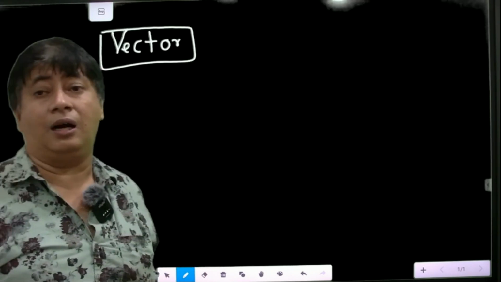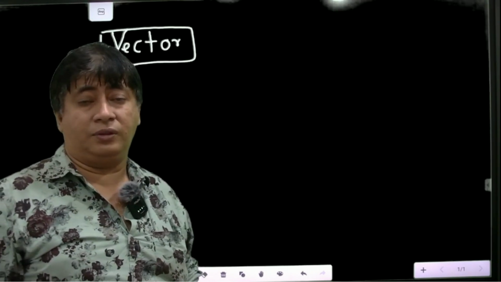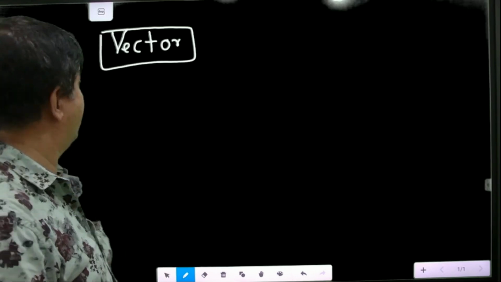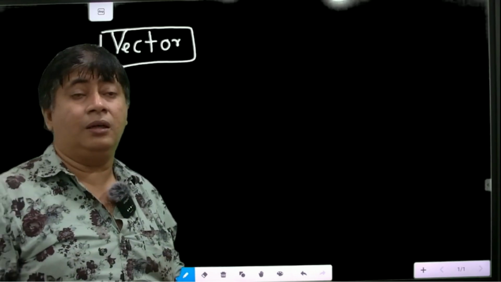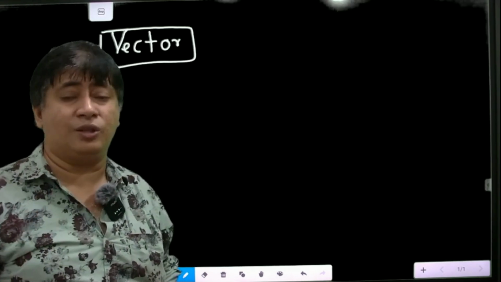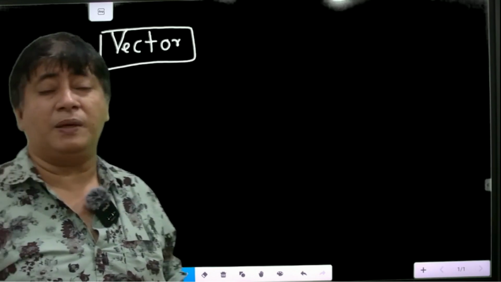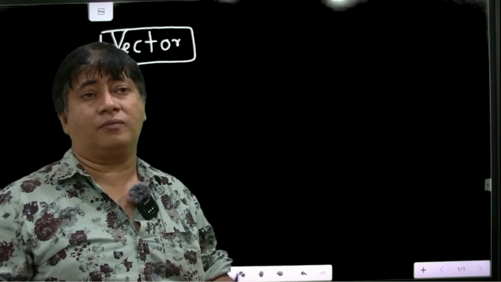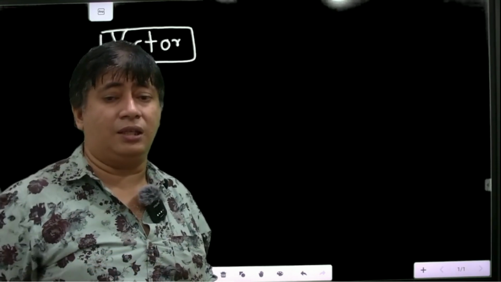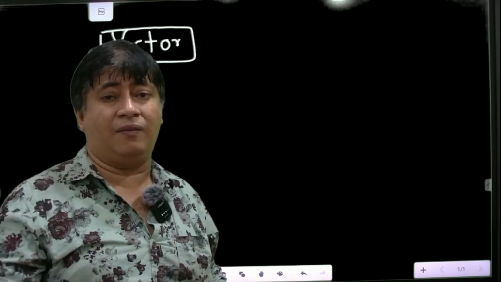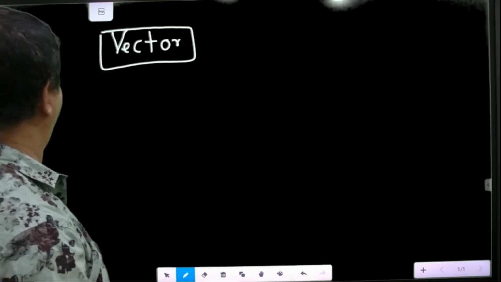Today our topic of discussion is vector. Vector is important for board and JEE. Irrespective of any board, if you see the question pattern, you can expect 2-3 questions even in JEE Main and Advanced.